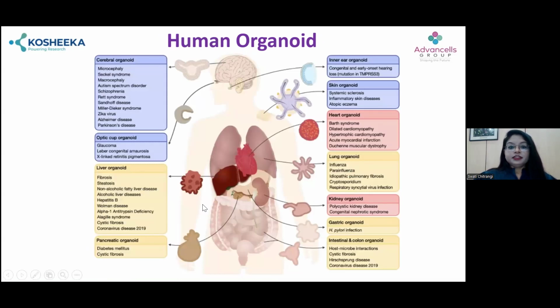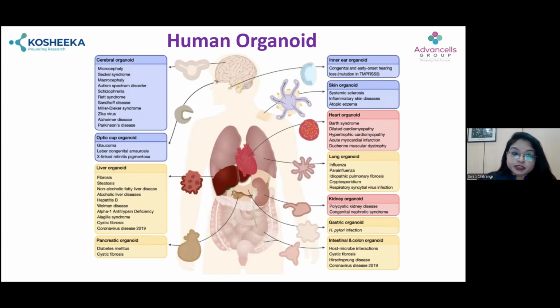So these are the different organoids that have been developed, and for different disease models, these kinds of organoids are used in the drug discovery process. There are many types of cerebral organoid, that is, brain organoid, and it can mimic different types of disease like autism, schizophrenia, Zika virus infection, Alzheimer's disease, Parkinson's disease.